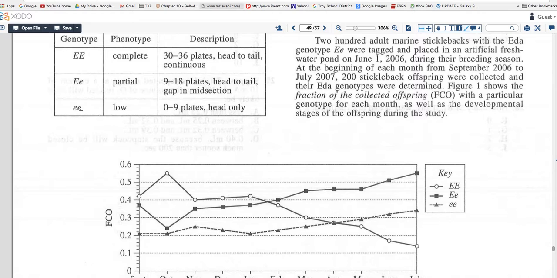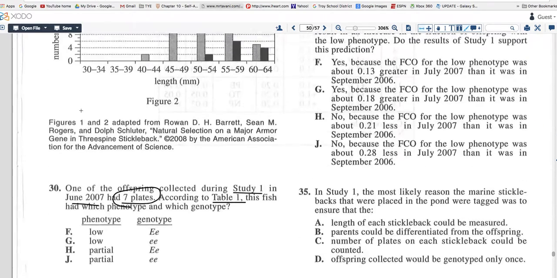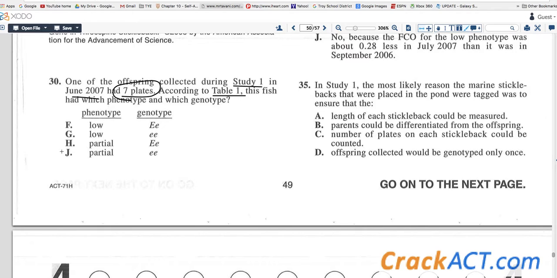What is genotype versus phenotype? Mandita. Genotype is like the letters and phenotype's like the physical appearance. Good. So genotype is the genetic makeup of the organism, and phenotype is the physical characteristics. And that's an important thing to know. All right, and that is in fact G.